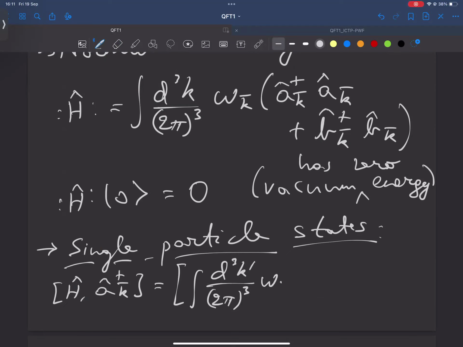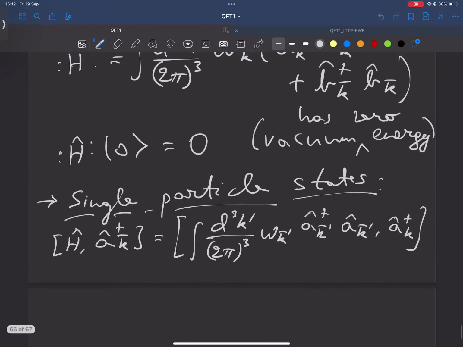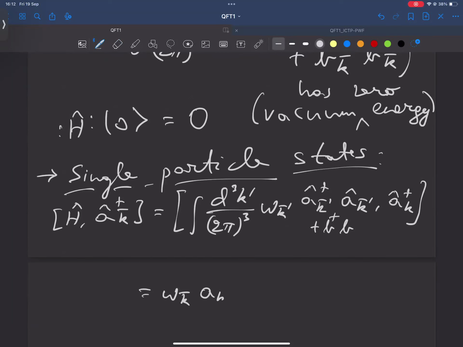by 2 pi cube omega K prime, a dagger K prime, a K prime, and a dagger. Okay. So when we compute this quantity, and there's this B piece, B dagger B, you will get this to be omega K, a K dagger.